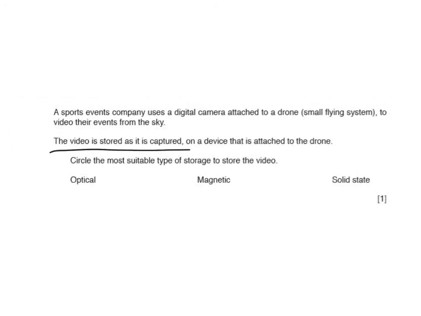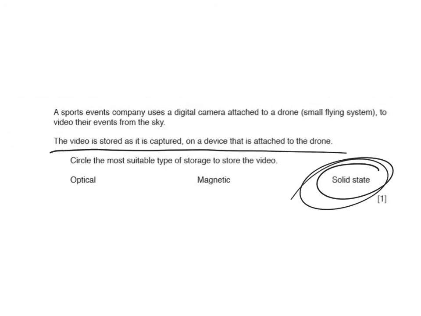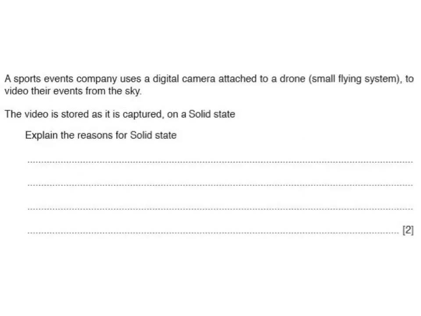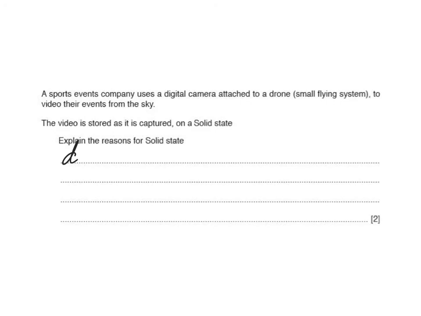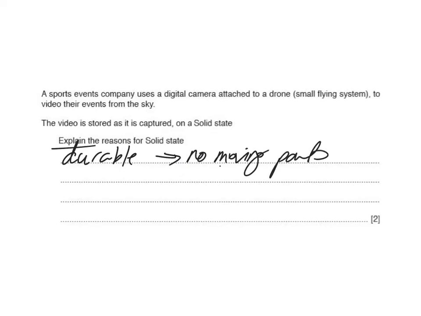Video is captured on a device attached to the drone. So this one is solid state, for reasons that become apparent in the next part of the question. So it's durable, which is not enough to get me the marks. We need to explain that there are no moving parts. Also, you can say that it uses less electricity.